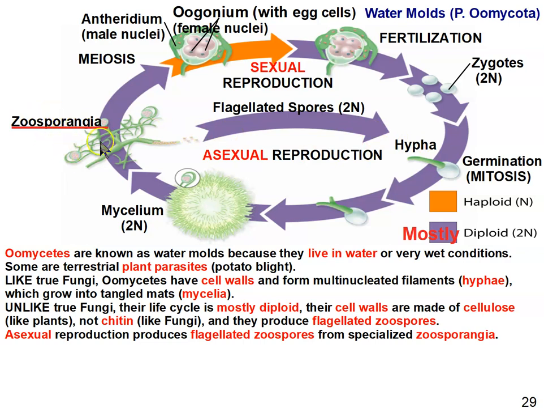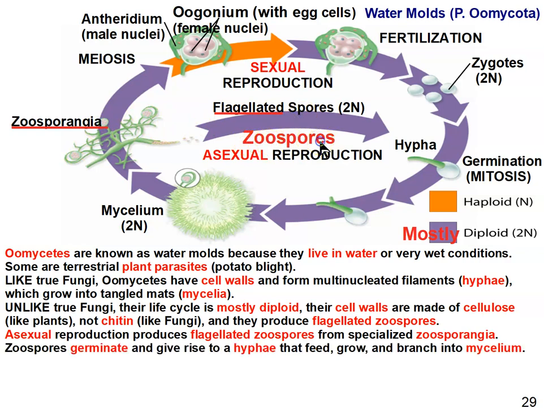Zoosporangia, which are specialized hyphae, produce flagellated spores that we call zoospores. Those zoospores then germinate, and that's what we're seeing happening here, and give rise to hyphae that feed and grow and branch into eventually a big tangled mat that we call a mycelium. You'll see an example of what a mycelium looks like on the next slide, but I'm sure you've seen fungal mycelia.